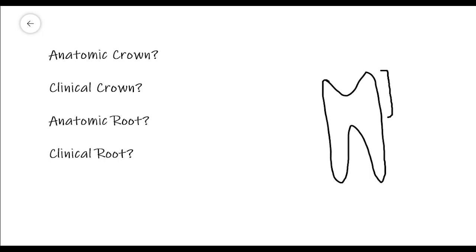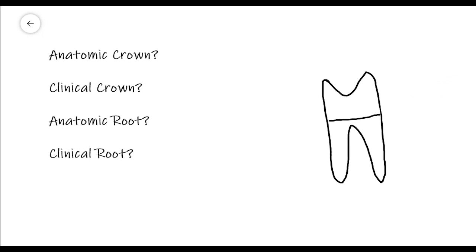I'll talk about this in much more detail in future videos, but just remember for right now that there is a junction present here. From the tip of the crown till the cemento enamel junction, which is known as CEJ, we have the anatomic crown.